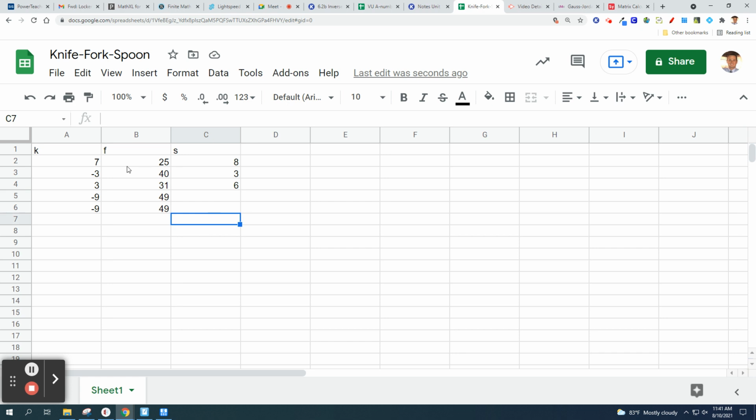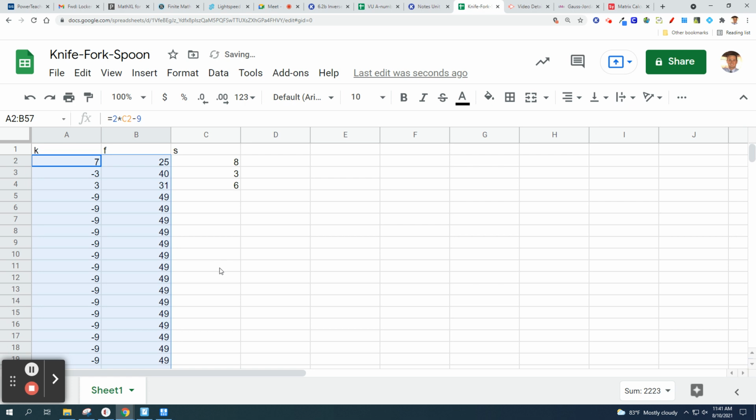Okay, so watch what I'm going to do. Let's copy this down a whole bunch of times. And obviously we don't want negatives. Let's start with the lowest number of spoons could possibly be 0. That's not going to be good because that's negative. 1. That's not good because I can't have negative 7. 2.